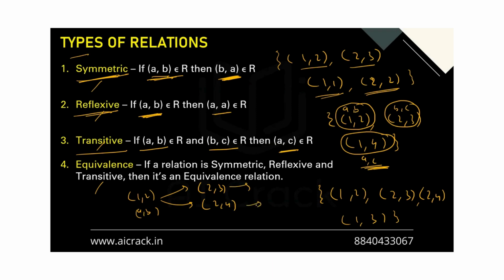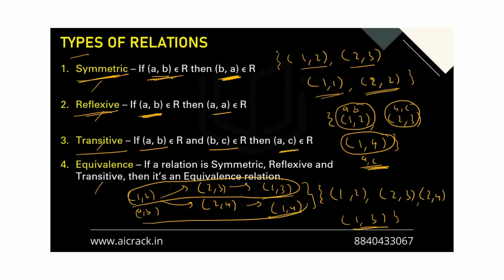So we should have 1 comma 3 and 1 comma 4. We should have both of these elements for it to be transitive. In this case we have just 1 comma 3, we have this complete pair, but we don't have this complete pair. Since we don't have this complete pair, that's why it's not transitive. Okay.